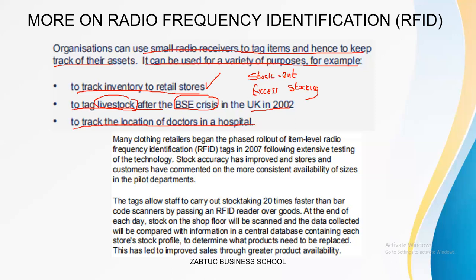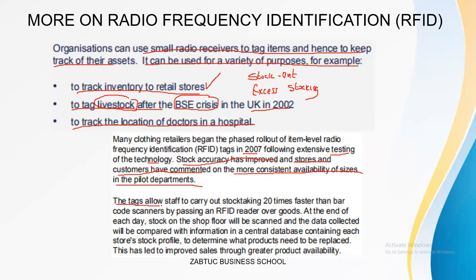Many clothing retailers began the phased rollout of item level radio frequency identification tags in 2007, following extensive testing of the technology. Stock accuracy has improved, and stores and customers have commented on the more consistent availability of sizes in the pilot departments. You're not surprised, isn't it?